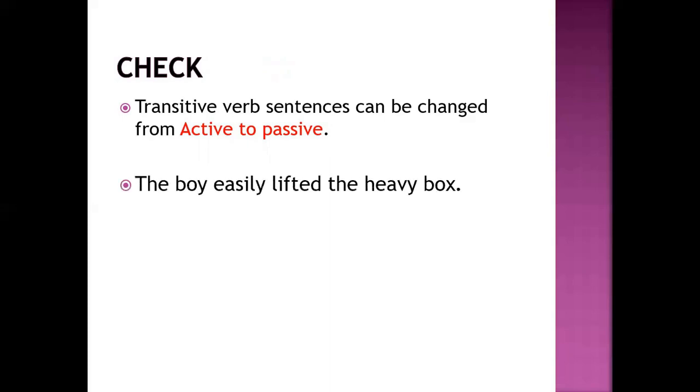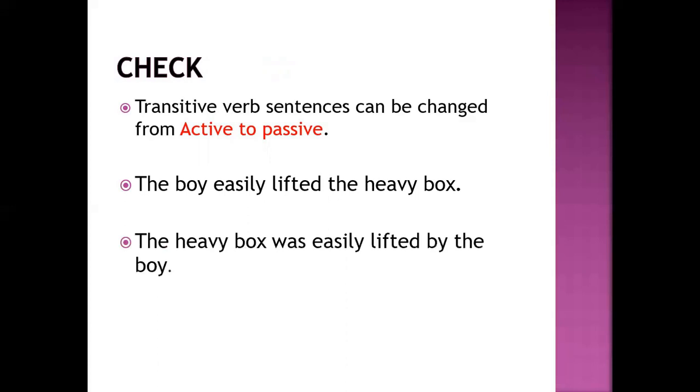The boy easily lifted the heavy box. The heavy box was easily lifted by the boy. Now see, the first one is active and very easily it has been converted into passive voice. So this is one way to check whether a transitive verb is given in the sentence or not.